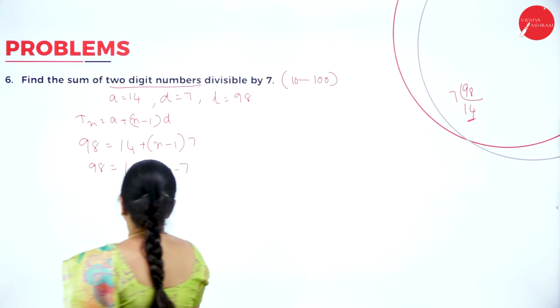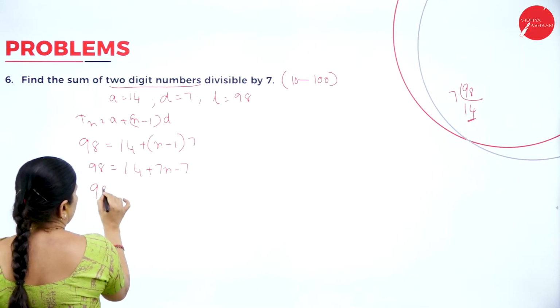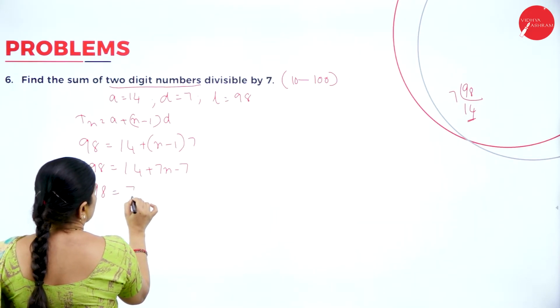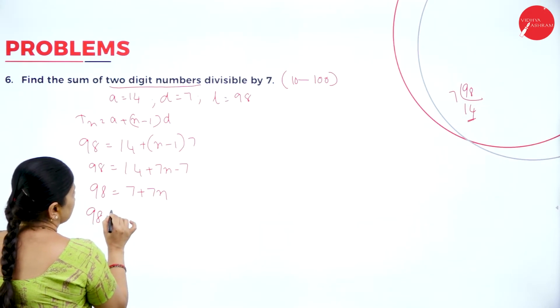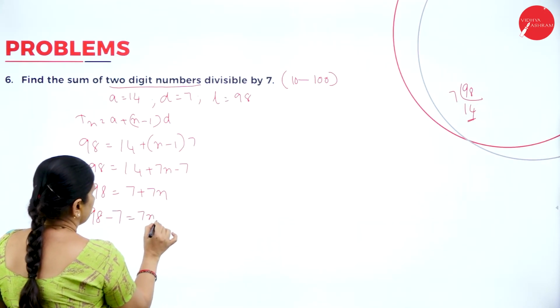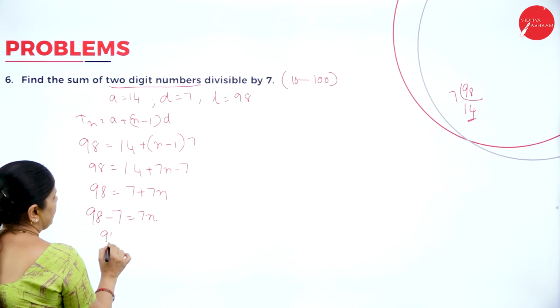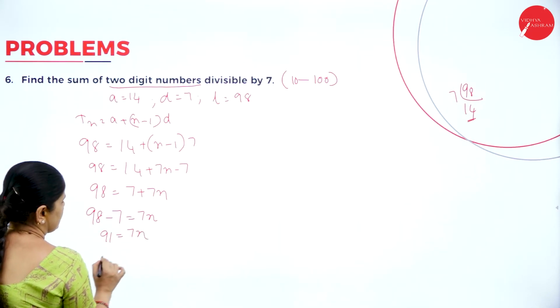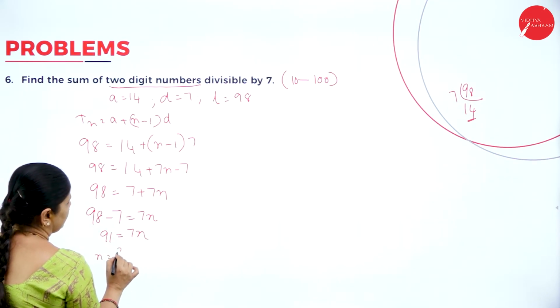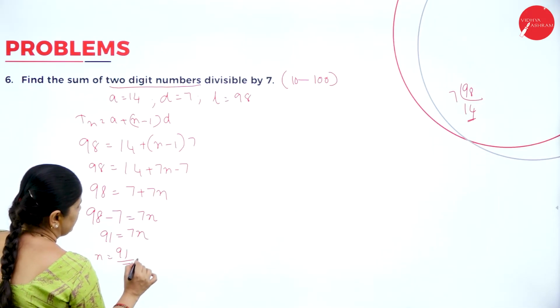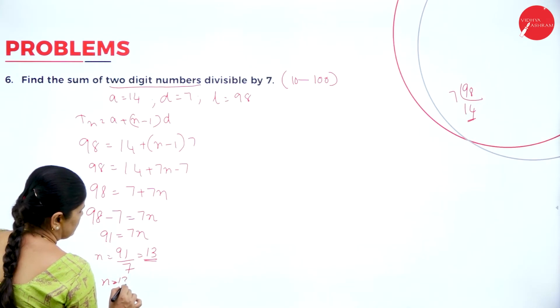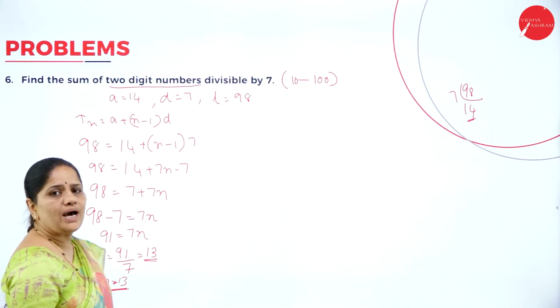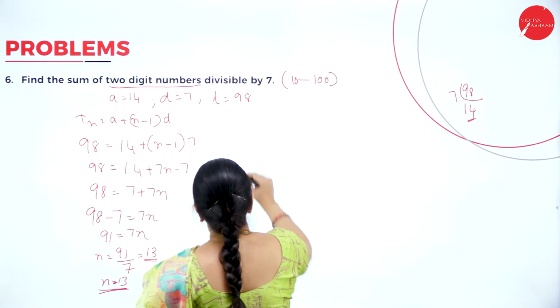So, 98 equals 7 plus 7n. 98 minus 7 equals 7n. 91 equals 7n. n equals 91 by 7, that is 13. 13 sevens are 91. So, n equals 13.